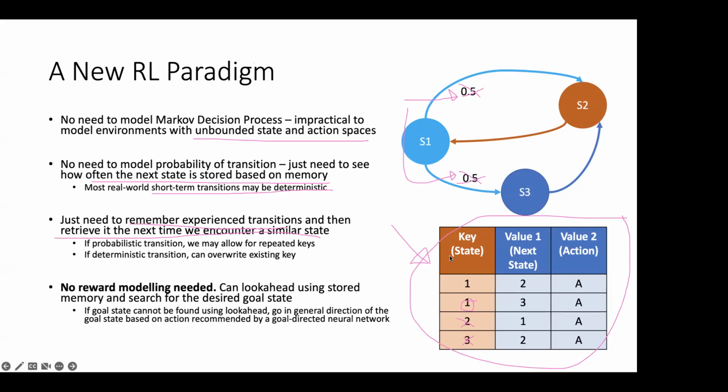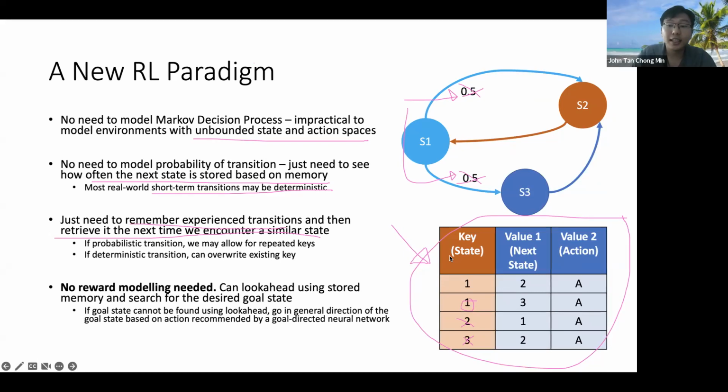Yes, with bigger memory, correct, exactly. You're right. I guess the Markovian assumption is that the next state depends only on the key, which is an implicit assumption in this table. Yes, but of course, if the next state is not dependent only on this state itself, then of course we need to model more things inside this state.